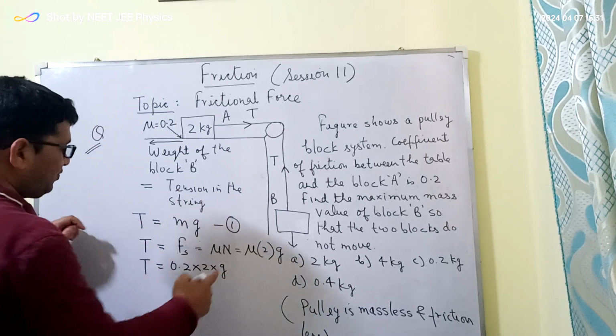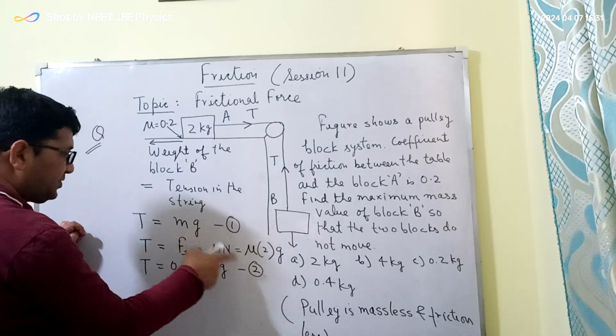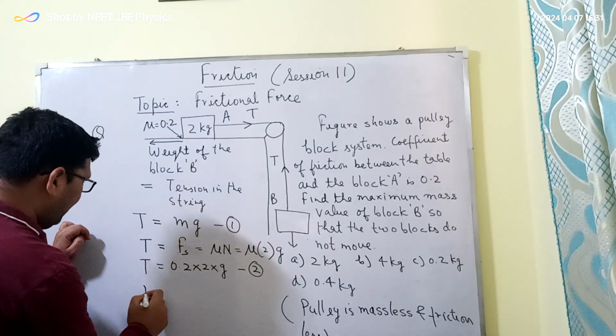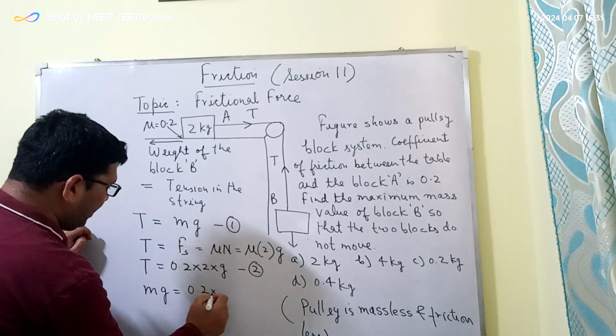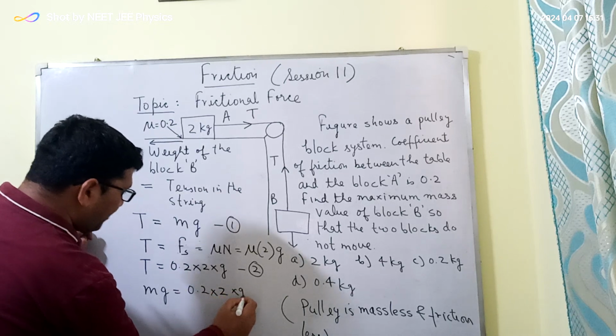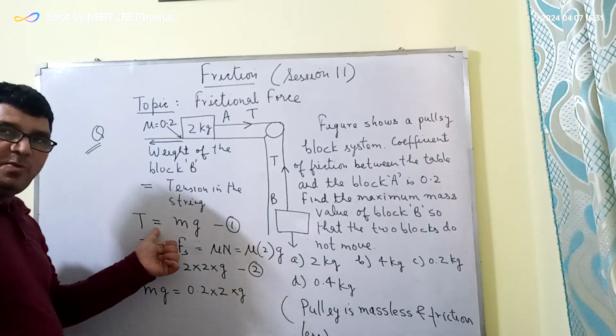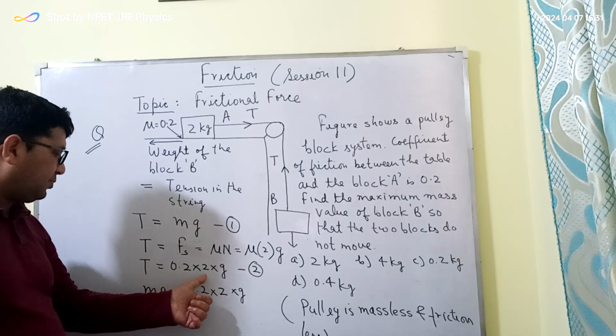We can consider this as the second equation. So from equation 1 and 2, I am getting that mg will be equal to 0.2 into 2 into g. From equation number 1, tension is equal to mg, and from equation number 2, the tension is equal to 0.2 into 2 into g.